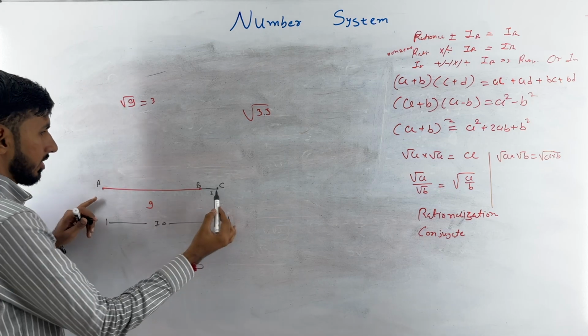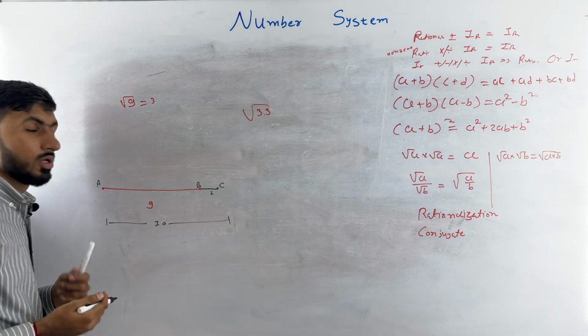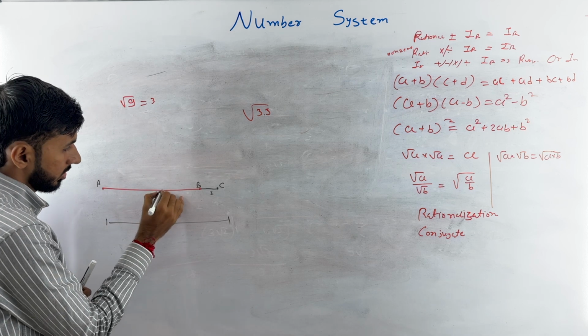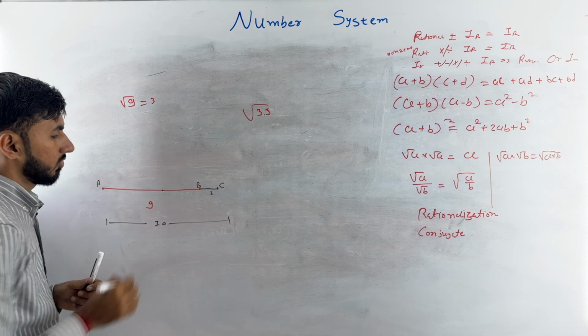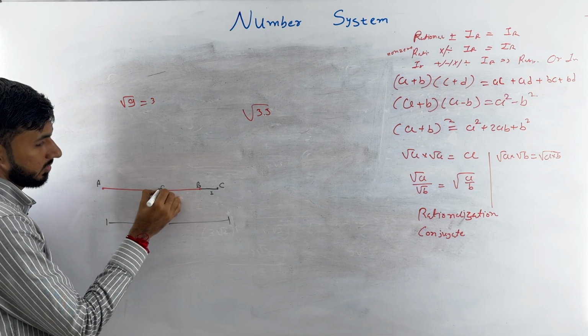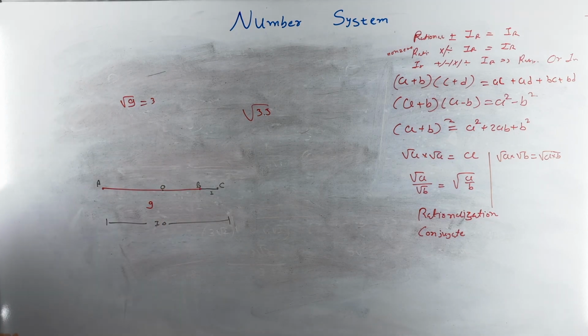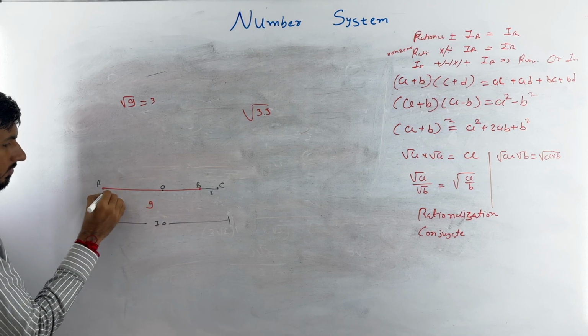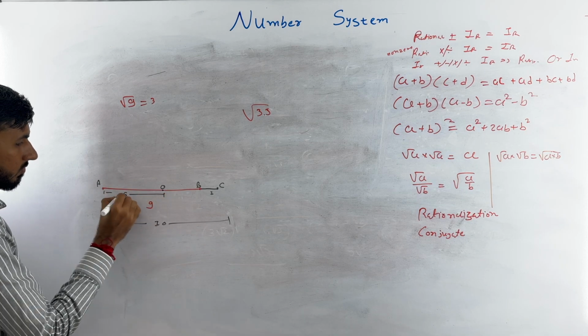Now let me take the exact middle point of line segment AC, and let me mention it with O. So the length of AO will become 5.